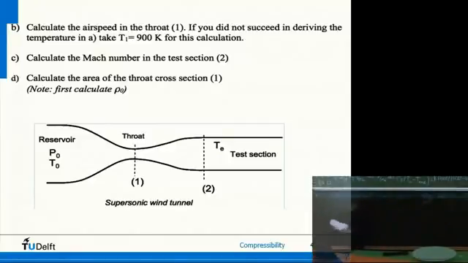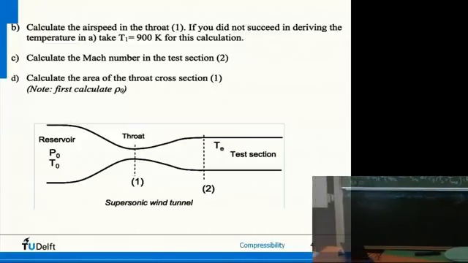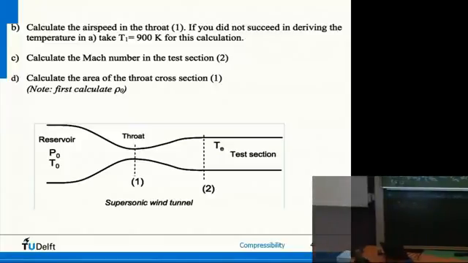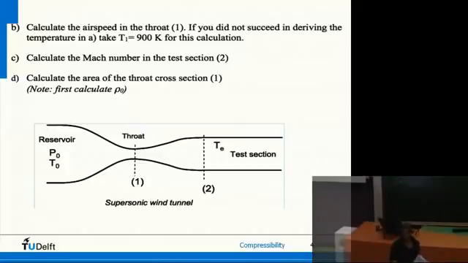Speed is 0. Whoa. Wait a minute. So we have to apply this in the throat, right? To find the area of the throat. Then somebody said speed is 0. Wait a minute. I'll get back to that. So yes, you might get the idea that the speed is 0, because of course in the reservoir the speed is 0.